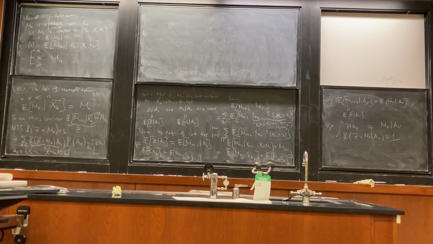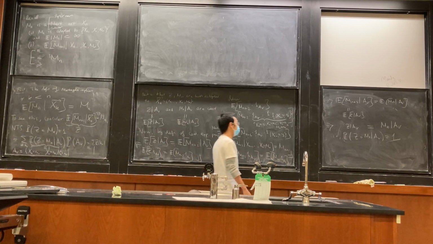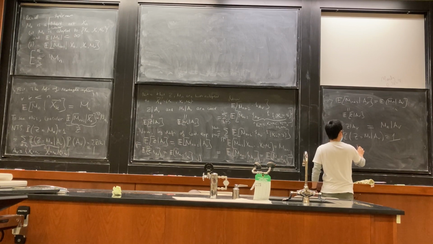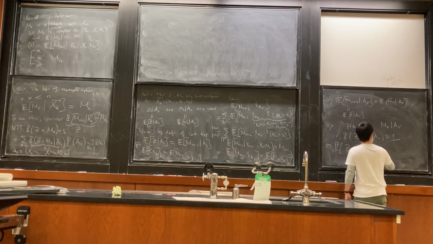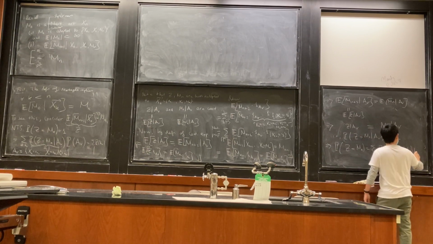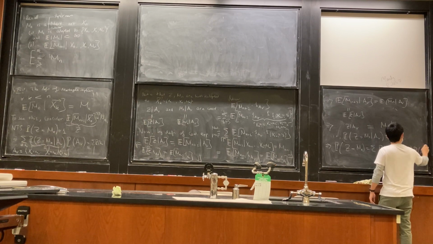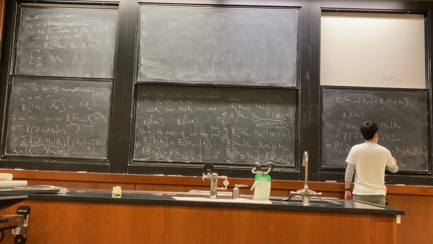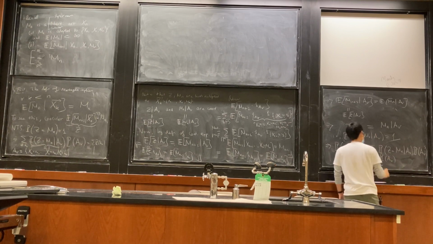So let me conclude here: we have the probability of Z is equal to M_n, the summation of the probability of Z being equal to M_n conditioned on A, B, over all such A, B. And that is 1, so we have the summation of the probability of A, B, that is 1.